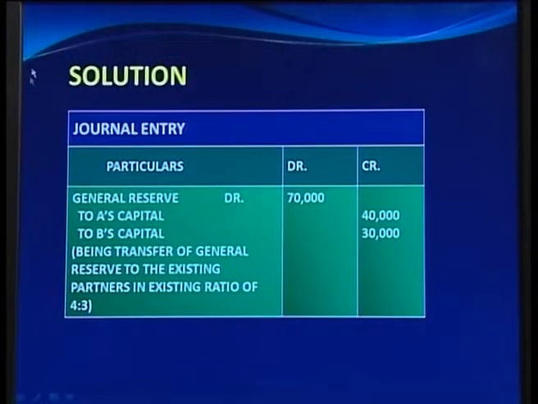So, let us see the journal entries. First entry would be general reserves debit 70,000, to A's capital 40,000, to B's capital 30,000, being transfer of the general reserves to the existing partners in the existing ratio 4:3.